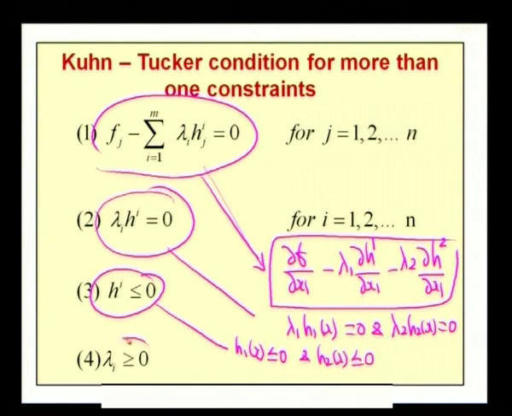And the fourth condition is lambda i greater than or equal to 0; here lambda1 and lambda2 are both greater than or equal to 0. With the help of these necessary conditions, we now solve a problem involving a single constraint. Next, we solve an NLPP involving more than one constraint.